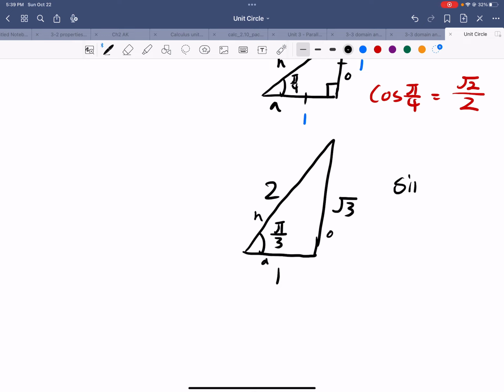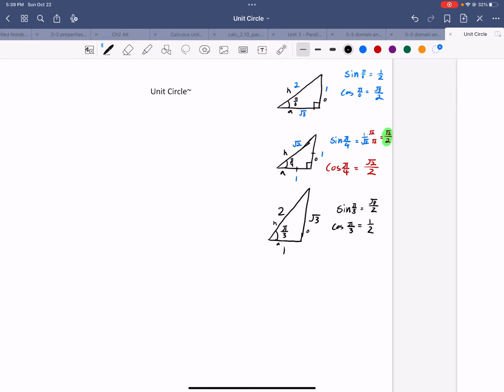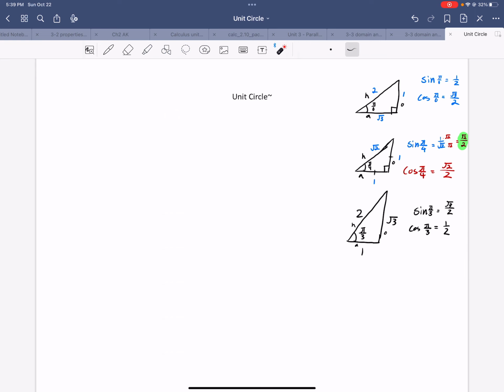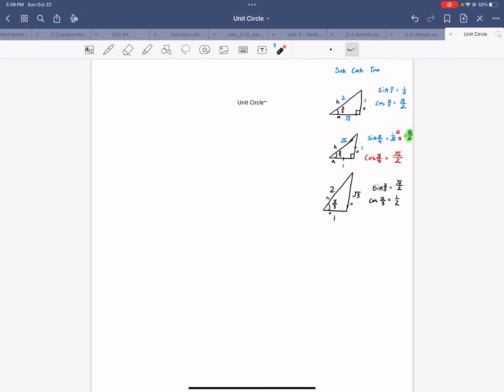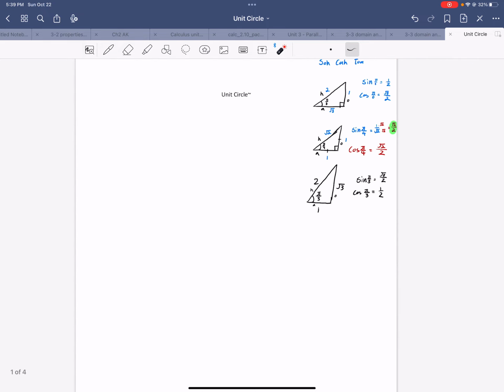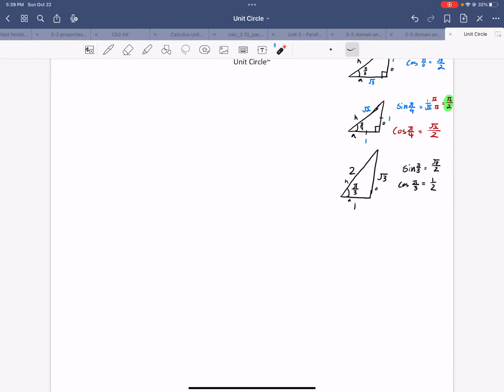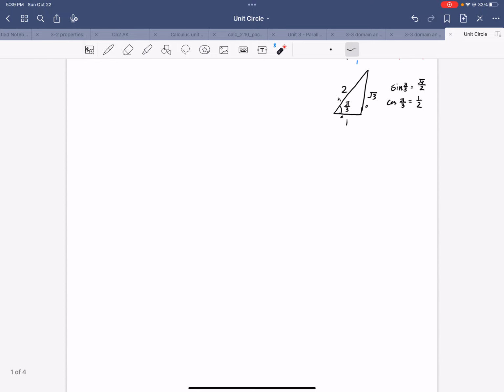So sine pi over 3 is square root of 3 over 2. Cosine pi over 3 is equal to 1/2. As you can see, they just flipped each other. These are the triangles that you have to understand before you even get into the unit circle, because the unit circle is really based on this.